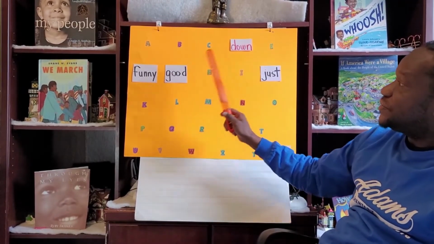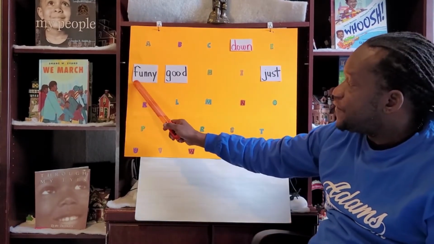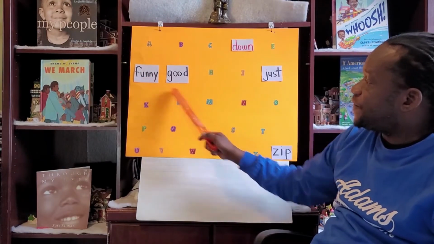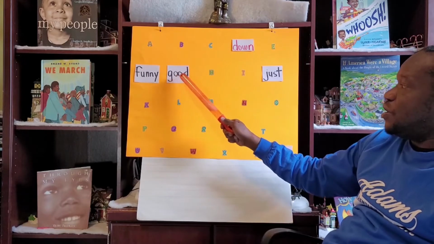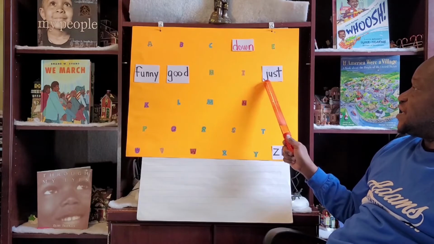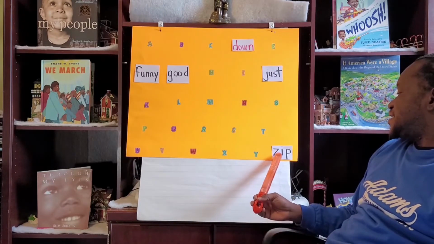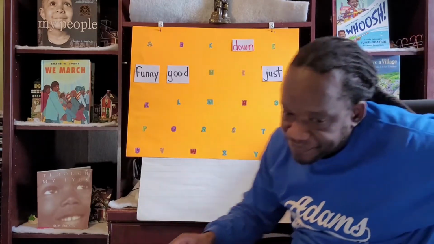Down. D-O-W-N. Down. Funny. F-U-N-N-Y. Funny. Good. G-O-O-D. Good. Just. J-U-S-T. Just. Zip. Z-I-P. Zip. All right, let's look at our words for this week.